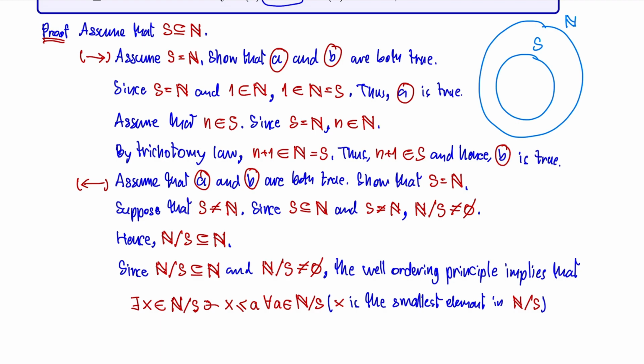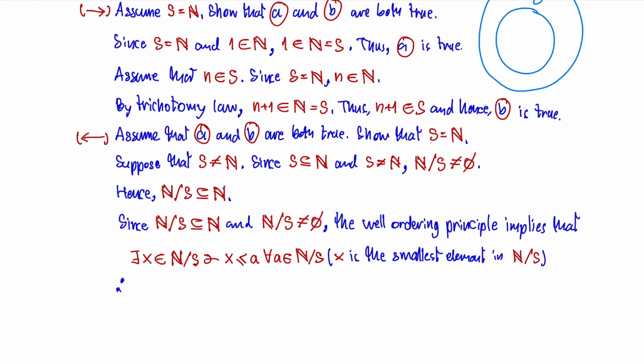So right now x is in the set of natural numbers excluding set S. What does it mean? It means that x must be a natural number and x is not in set S.